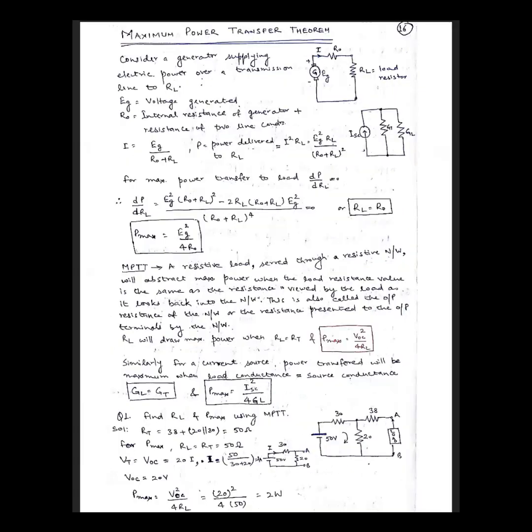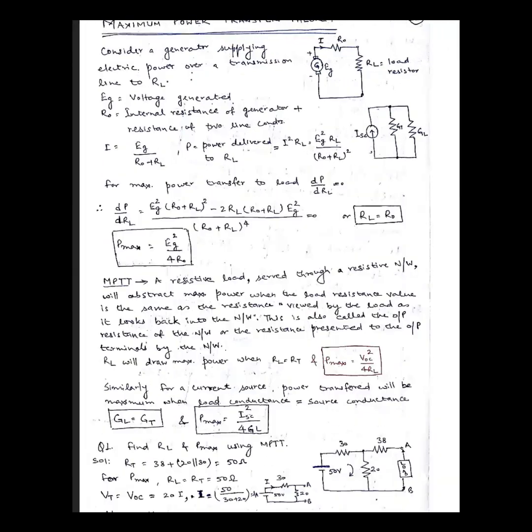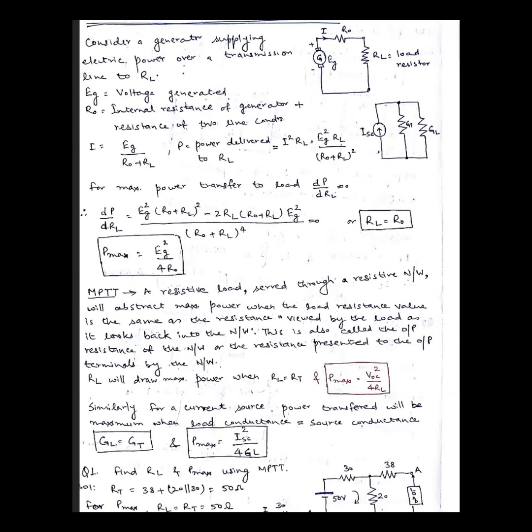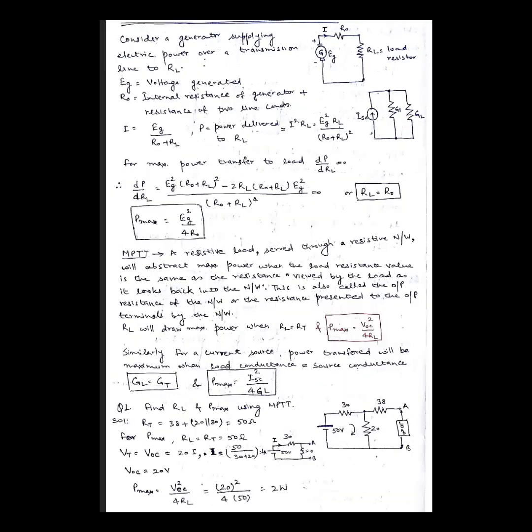Now we will derive this theorem. First of all, consider a generator. You can consider a generator or a DC battery source. It is the same. Why is it represented as a generator? Just to emphasize that the magnitude of the battery source is small.